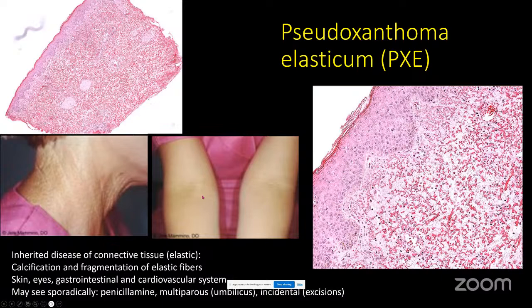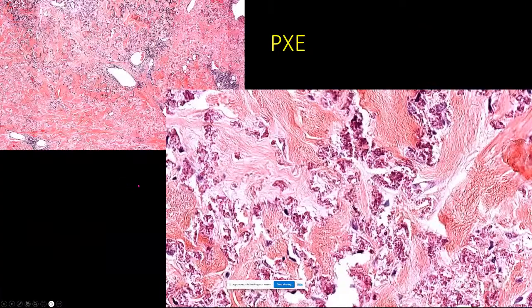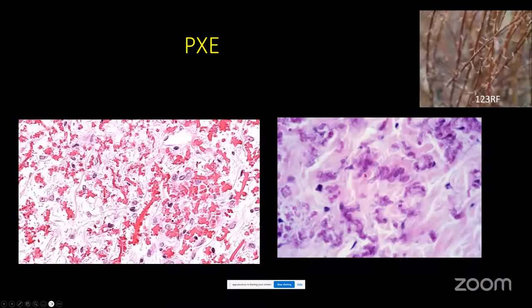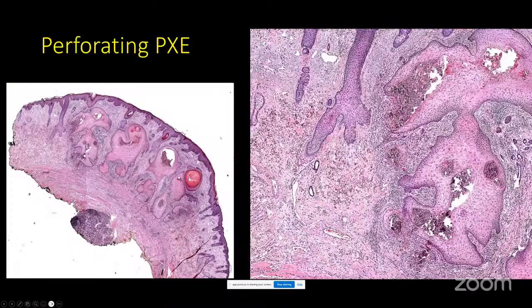But in the skin, we see it in the intertriginous sites, and you see altered elastic fibers all crunched up. They can get a purplish color, even more purple if we do special stains. Here's an example of the calcification of the abnormal elastic fibers that have been referred to as bramblebush. Don't know why. I guess it looks like that.